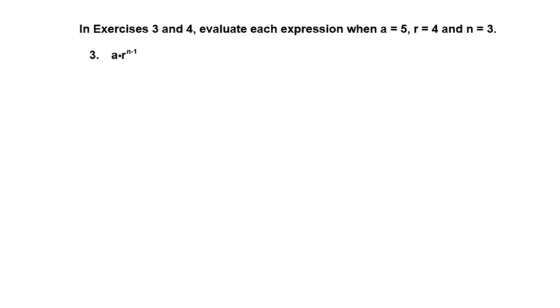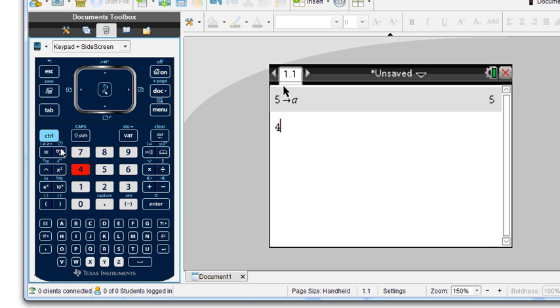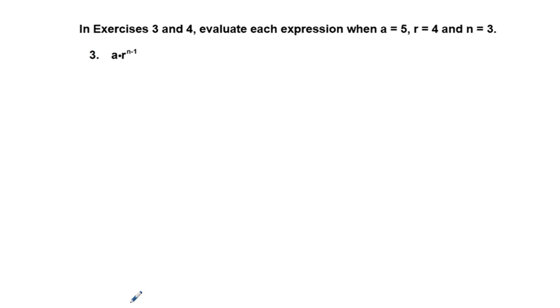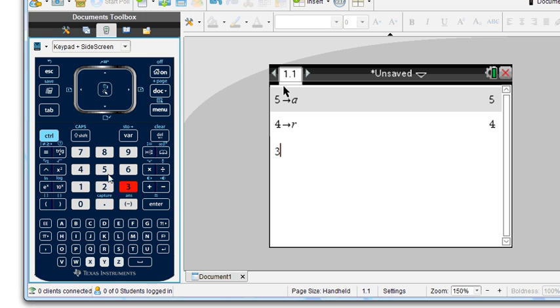R equals 4, so 4 store r. And n equals 3, so 3 store n. We have 5, 4, and 3 stored for a, r, and n respectively.